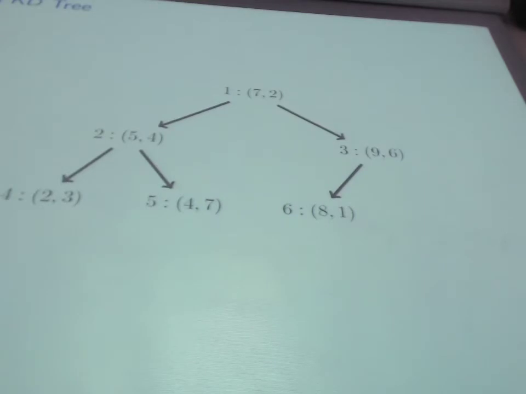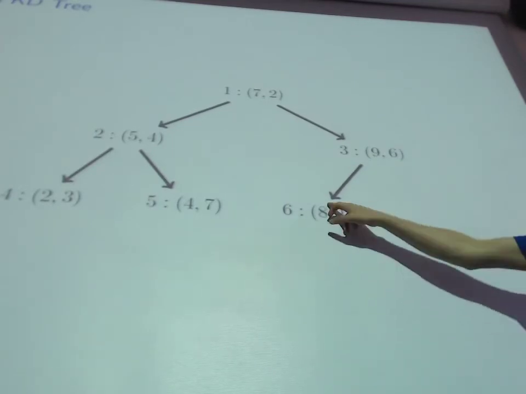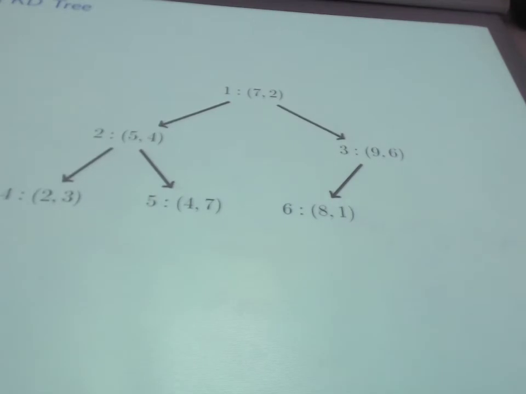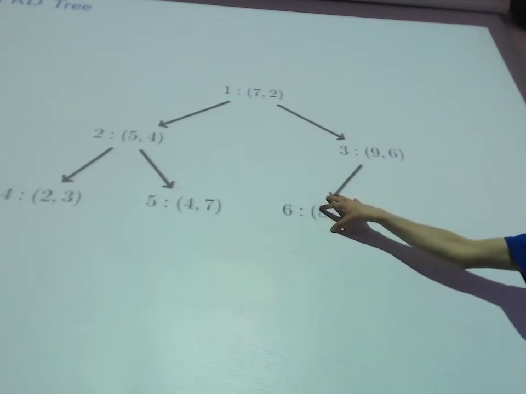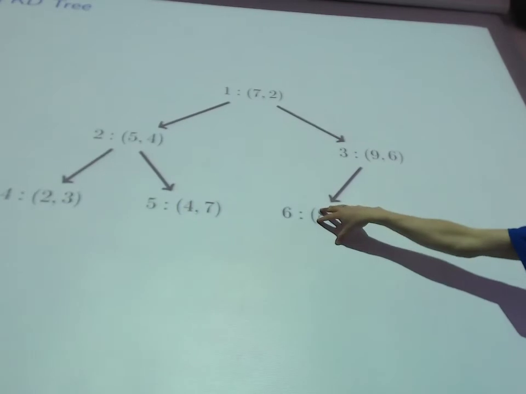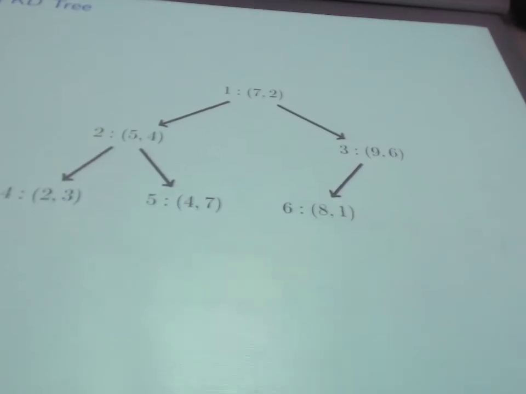9, 2 is not equal to 9, 6, so actually 2 is less than 6, so I go to the left. So I'm here. 9, 2 is not equal to 8, 1, so I'm stuck here. So I end up in this part of the tree.